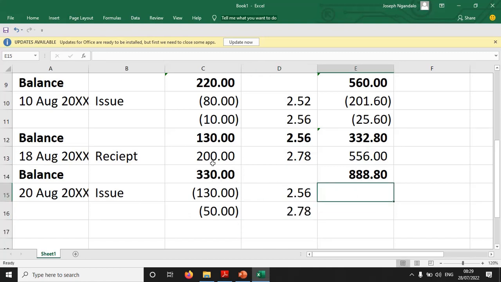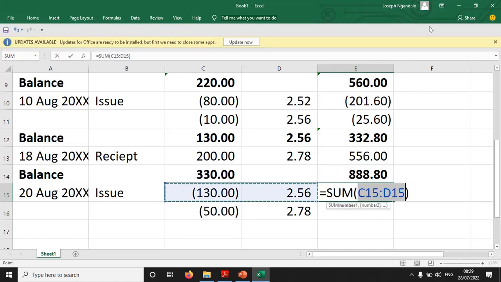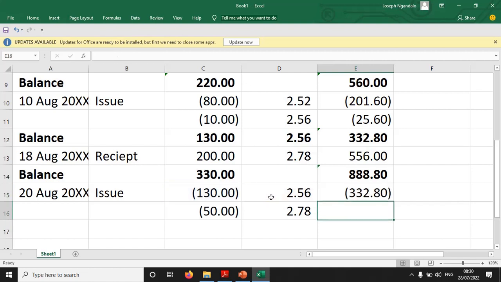Okay, so you do the multiplication and let's see what is happening. The product. Do the same. How much is your balance?